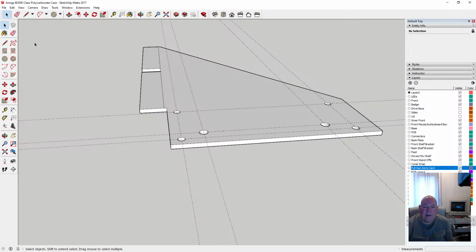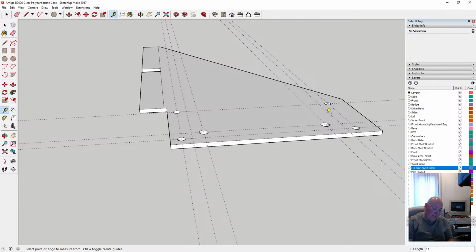7 mil from the edge. 11 mil. So 7mm and 11mm. Okay, and it's centered to the screw. Yeah, it is centered. So the width of the connector is 5mm.